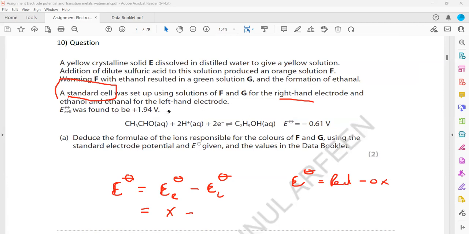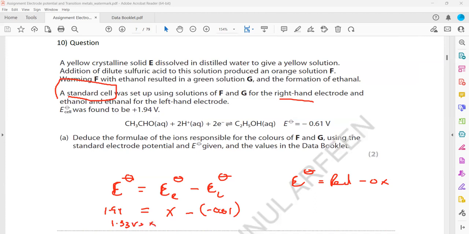And the voltage of ethanol to aldehyde, or ethanol to ethanal, was minus 0.61. So the cell voltage was 1.94, and the voltage here is minus 0.61. You just simplify: minus minus becomes plus, it goes to the other side and becomes negative again. So we just subtract, and we get 1.33 volts.